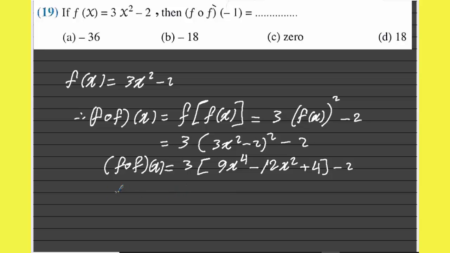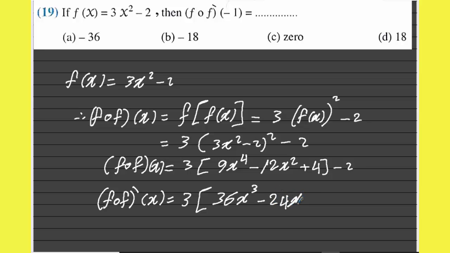Now I'll get the first derivative, f circle f dash of x equals 3 multiply the derivative of this quantity. It will be 36x power 3 minus 24x plus 0, minus 0.